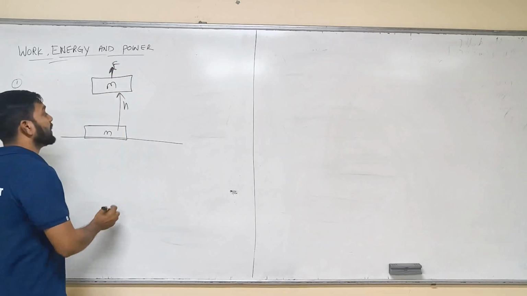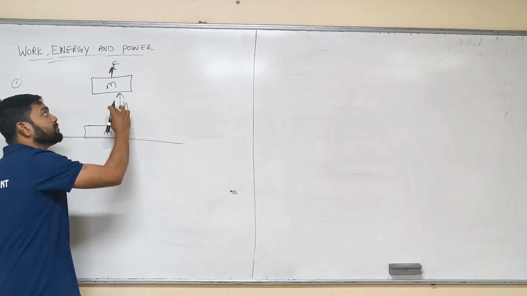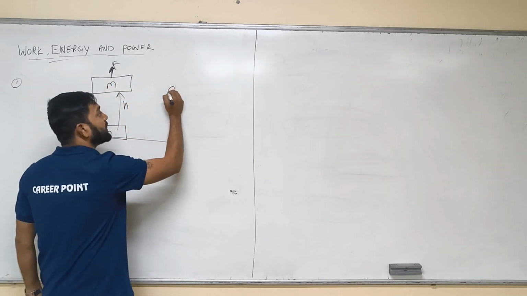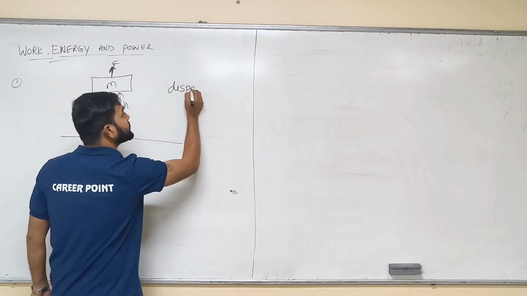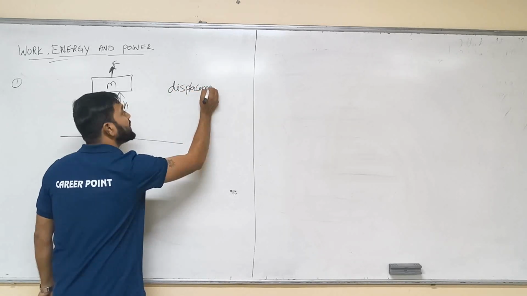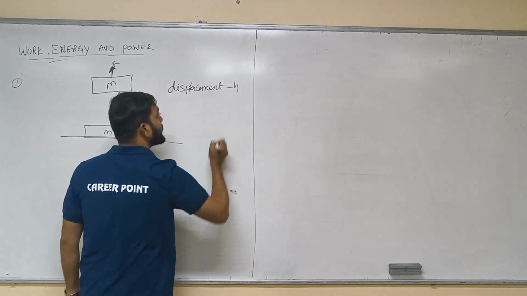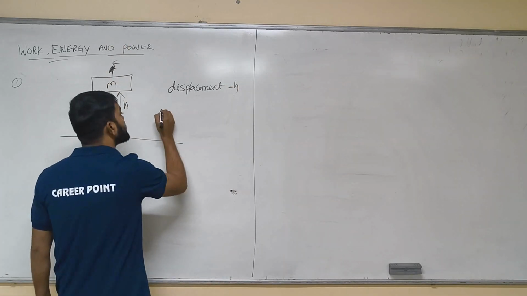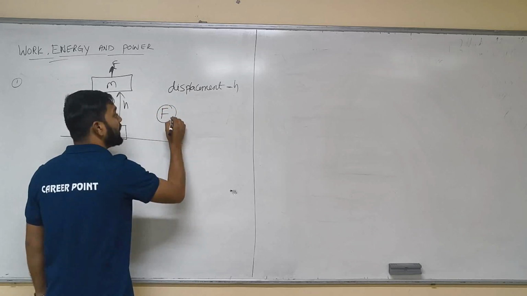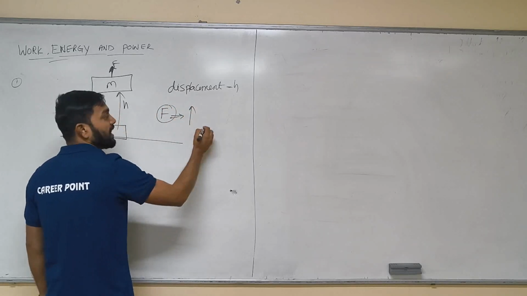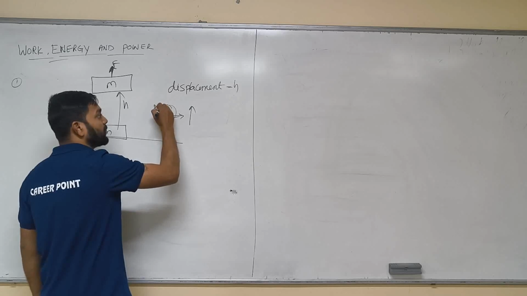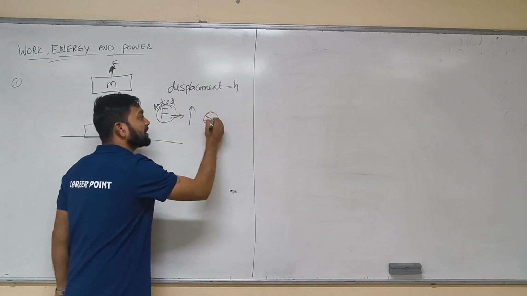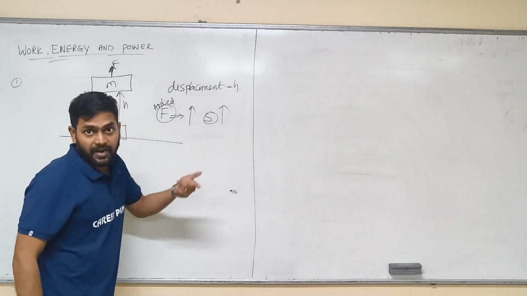Then this object moved towards the height h. So the displacement is h here. Okay. The applied force is towards the up direction, and the displacement is also along the applied force.